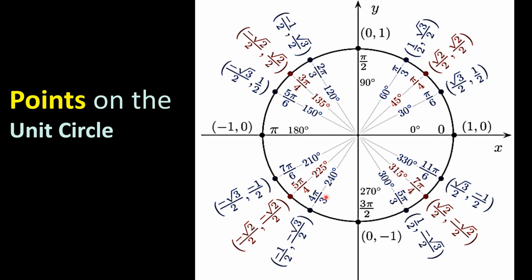This is already a summary of the values. But take note that when we deal with points on the coordinate plane or on the unit circle, we also talk about those points which are not part of the special triangles definition.